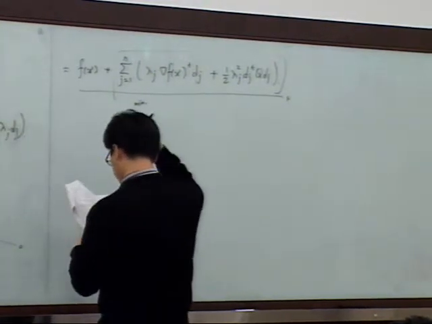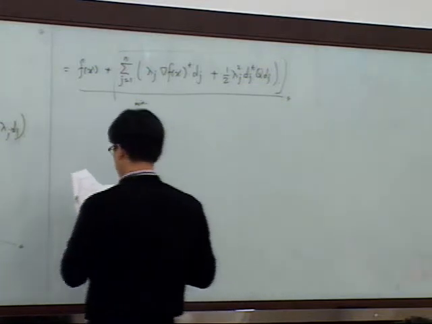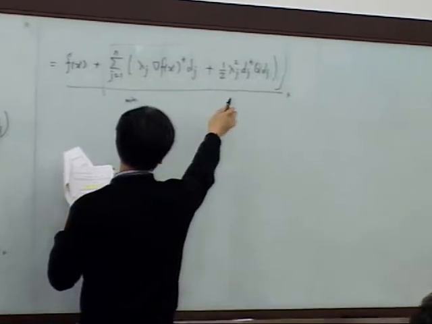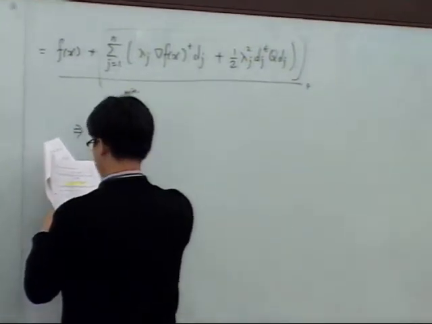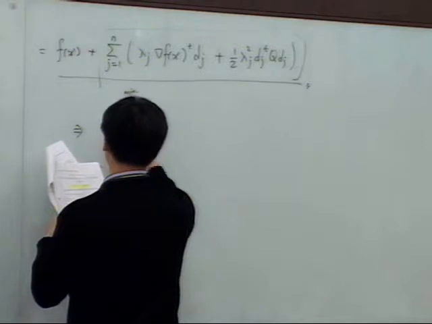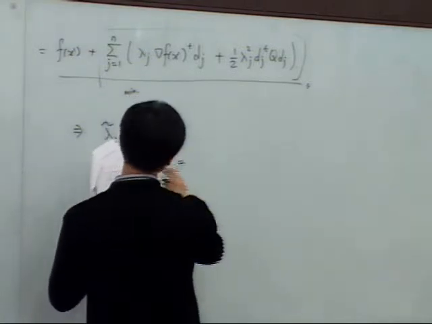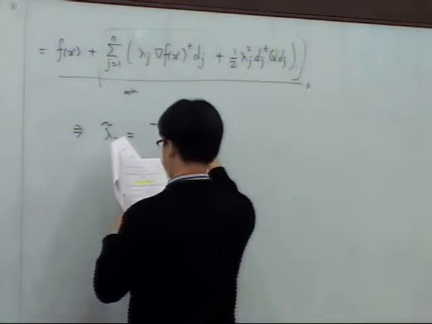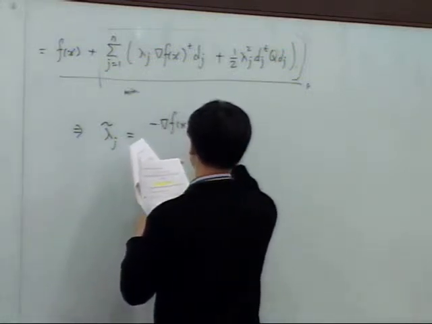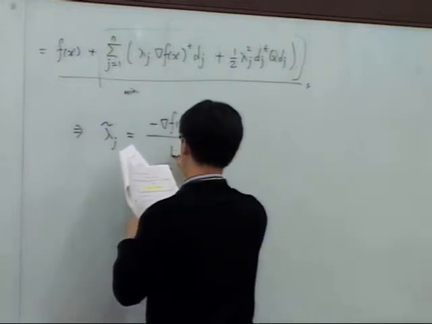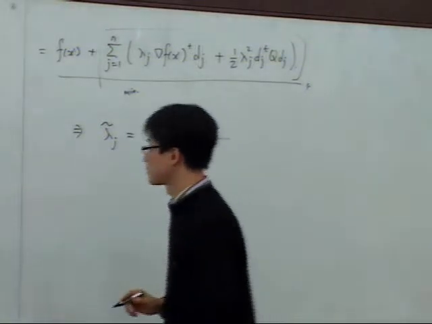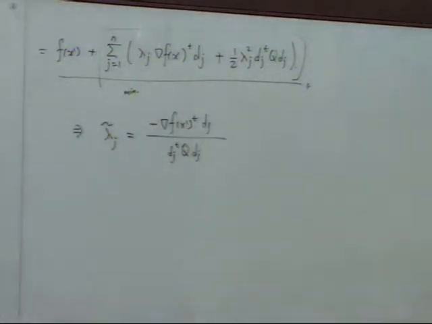Okay, for each lambda j, it is proven that if we select lambda j like this, as I mentioned before, the d_j's are given.